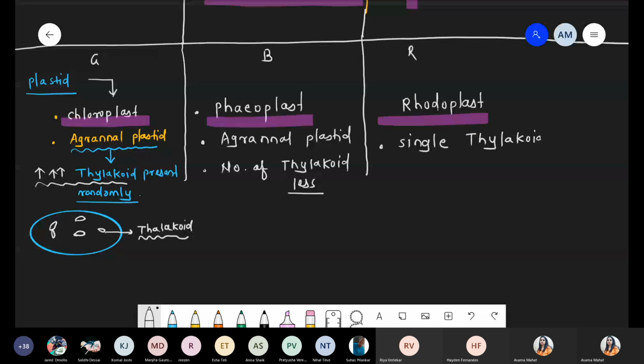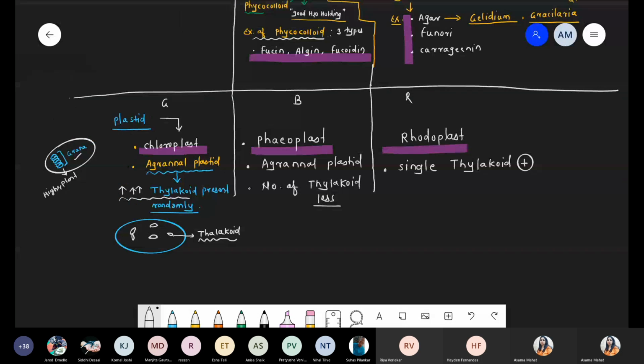So one point why we differentiate this algae into three parts is that it depends upon which type of plastid is present, and the second point is that it depends upon how many thylakoids are present. Questions will not be made from here, don't worry. You just have to remember the names: chloroplast, phaeoplast and rhodoplast. That's it.